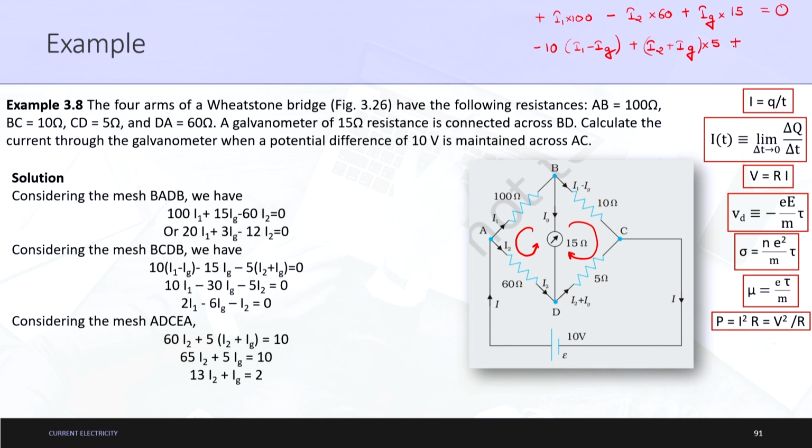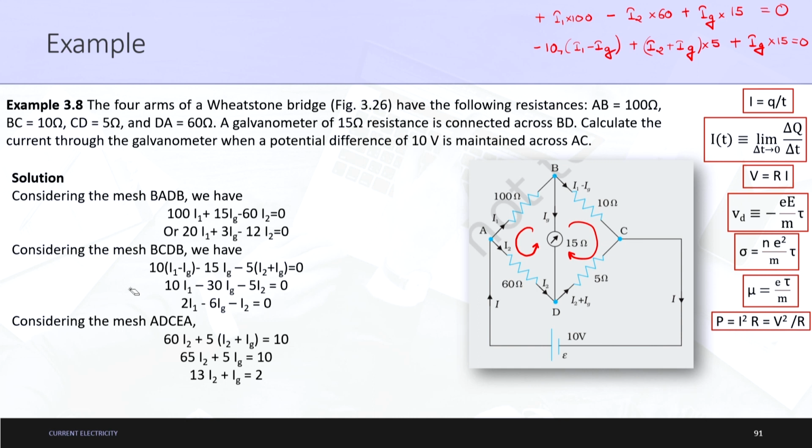Why plus? Because we are going in the opposite direction of Ig. This is the equation being talked about here. It is just in the negative sense. If you change the condition, it is minus here, plus here and plus here. As you can see, these both equations are the same now. Okay, let us move on.